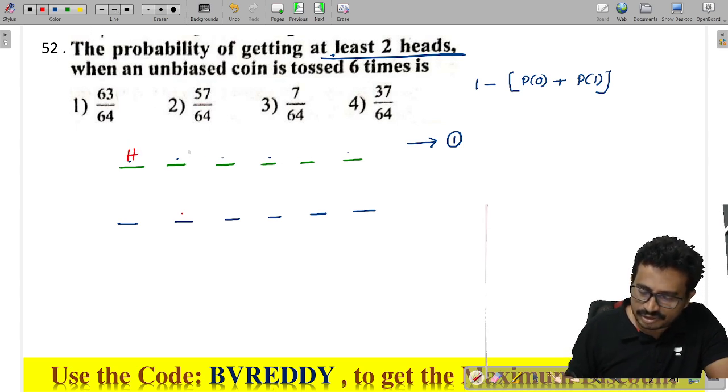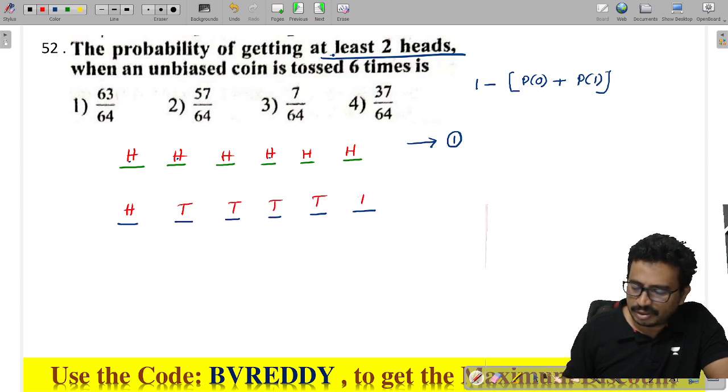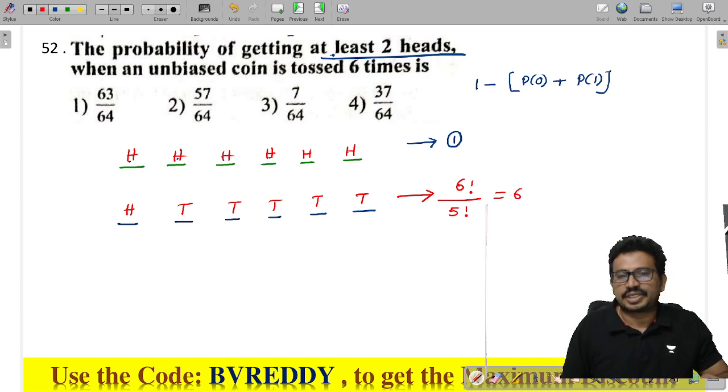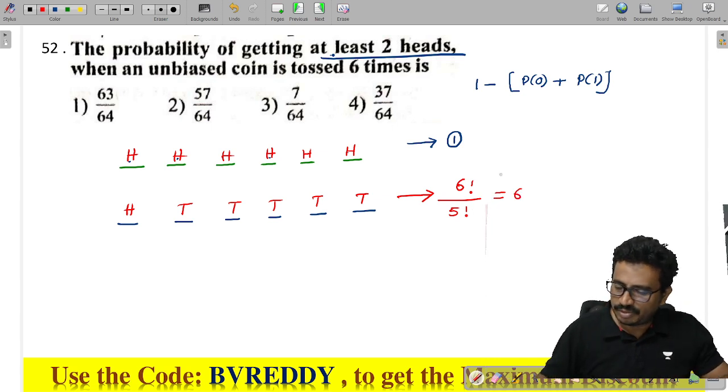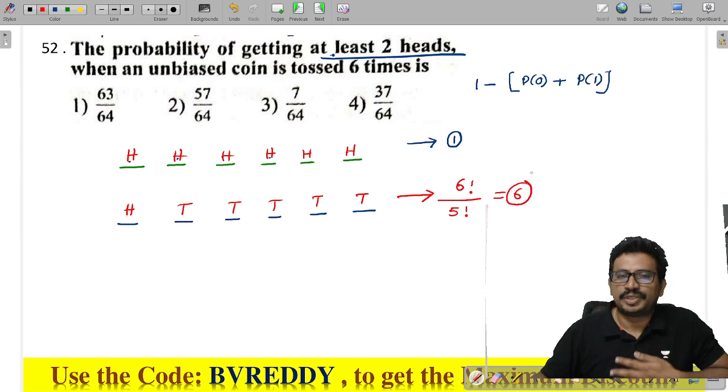So if I say all heads, how many combinations, tell me? That is 1 combination. And 1 head, remaining all are tails. How many ways can you arrange it now? Tell me, 6 factorial by 5 factorial. That means 6 ways.